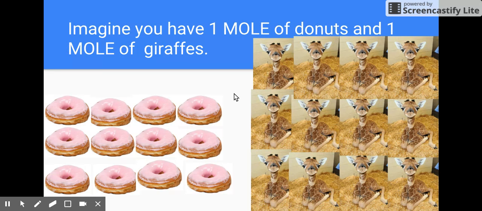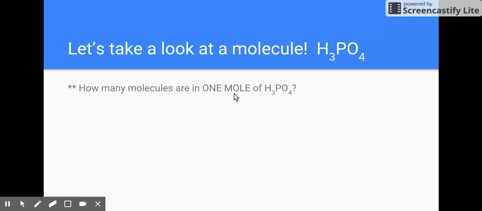Same thing with a mole of donuts: I have 1 mole of donuts, 6.02 times 10 to the 23rd, and 1 mole of giraffes, 6.02 times 10 to the 23rd. I have the same amount. But how are these two things different? Hopefully you said they are different by their masses. 1 donut does not have the same mass as that cute little baby giraffe.